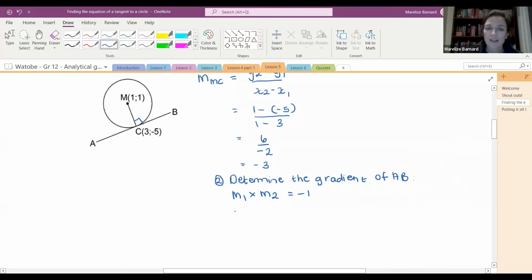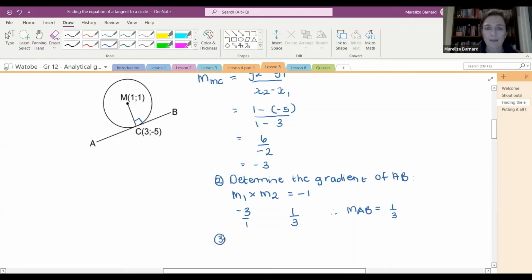Or we can just say if the gradient of the radius is minus 3, so at the moment it's minus 3 over 1, I can flip it over and change the sign. So therefore, the gradient of AB will be 1 over 3. And you can check it. Does 1 over 3 times minus 3 give you minus 1? Yes, it does.